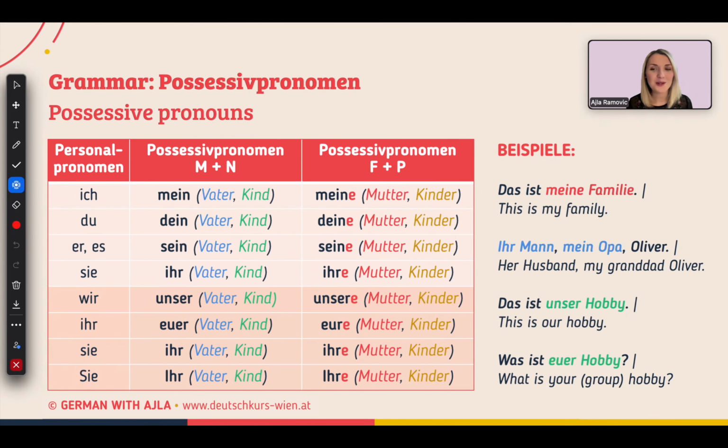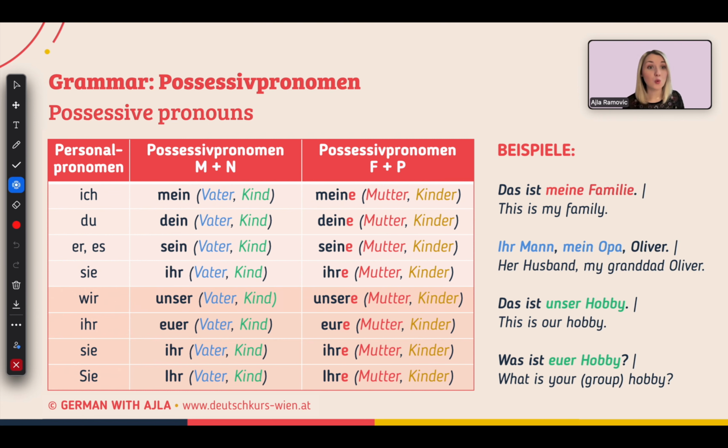Okay, very good. Now that we have repeated the personal pronouns, we can move on to possessive pronouns. And here it is really important to remember, for every personal pronoun, there is a possessive pronoun. In English, it is actually really similar.